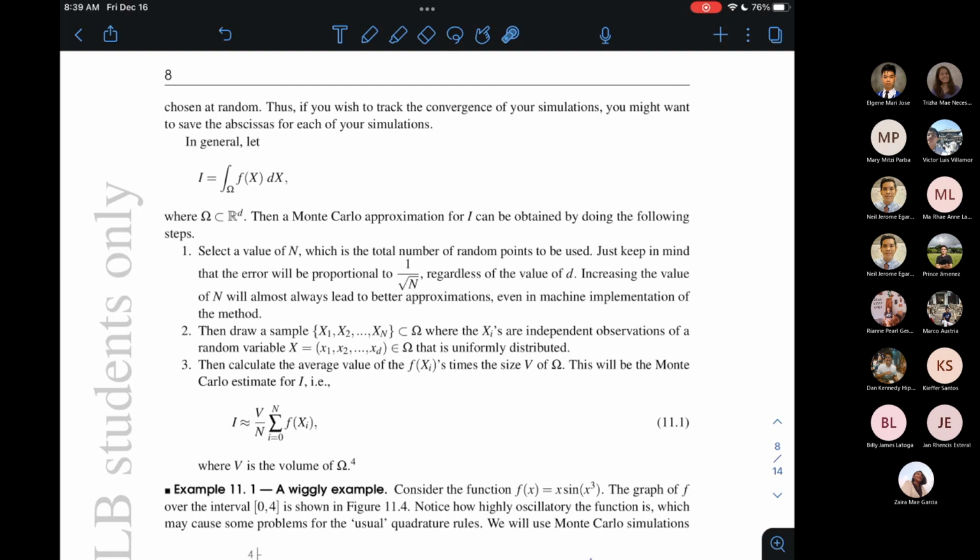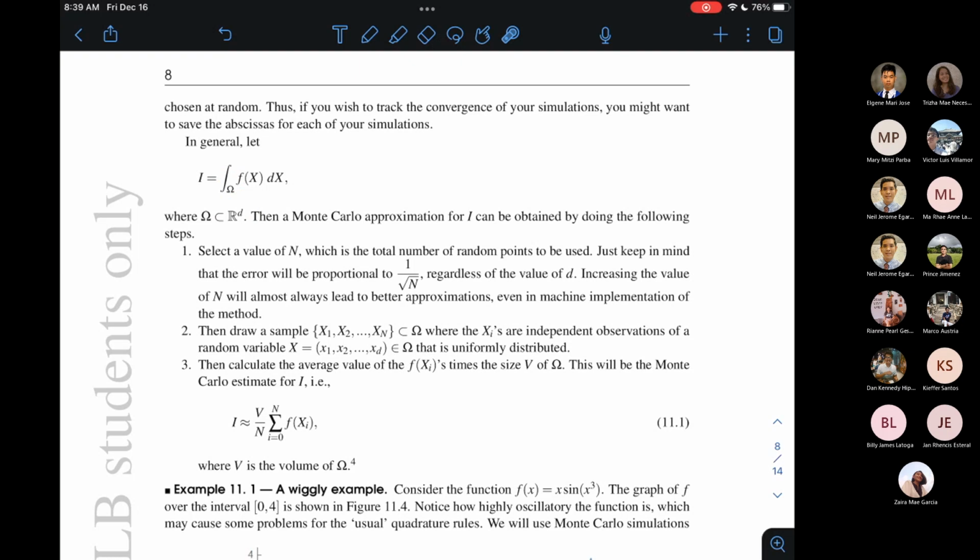So how is the Monte Carlo simulation being done? Well, let's take, for instance, an integral of f of x dx over an integration region omega. So here, capital X could be in R^n. So ibig sabihin, maraming variables yung nandun sa loob ni little f. And omega is a subset of the d-dimensional Euclidean space.